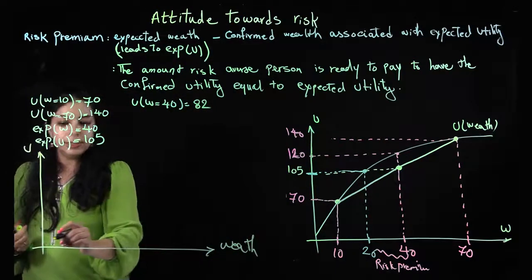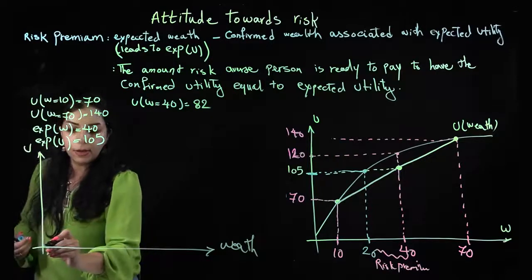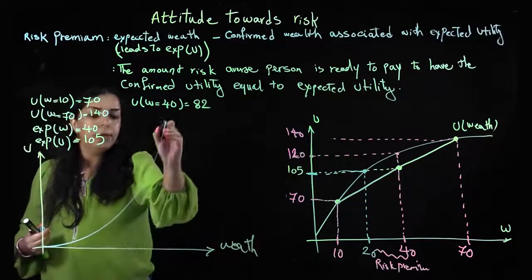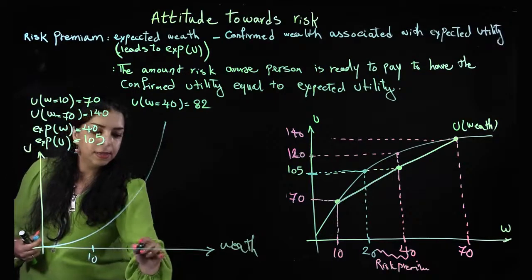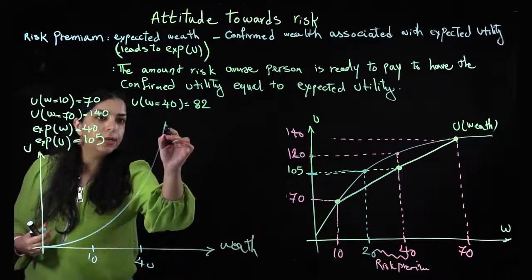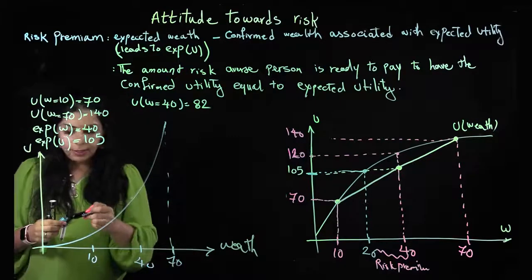Then it is utility. Remember we said that it is convex to the origin. So we have 10 here, we have 40 here, and then we have 70 here.